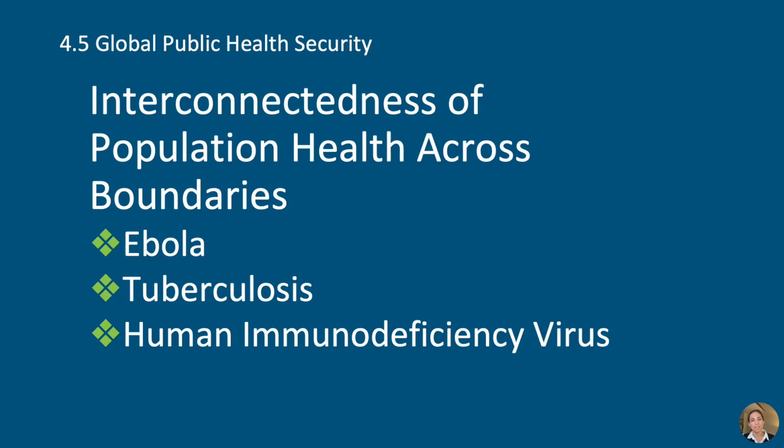So this interconnectedness of population health: when we think about Ebola, the first outbreak occurred in 1976 in the Democratic Republic of the Congo near the Ebola River, and more than 20 outbreaks have happened in 18 countries. Tuberculosis is found in every country in the world and affects all age groups.